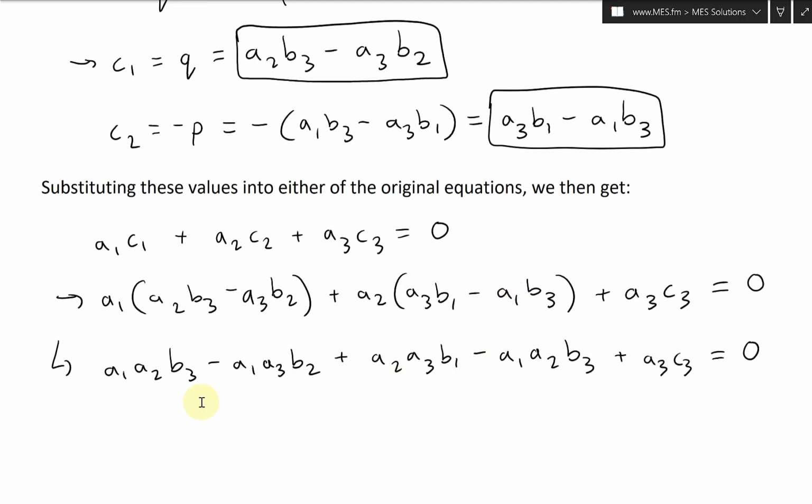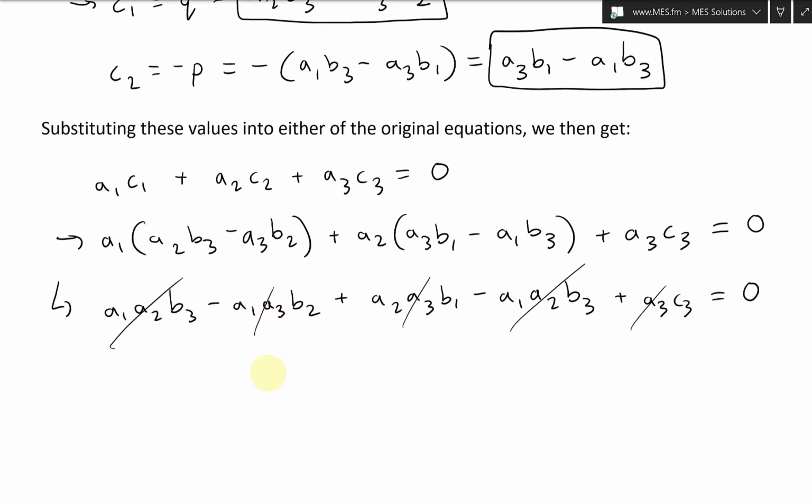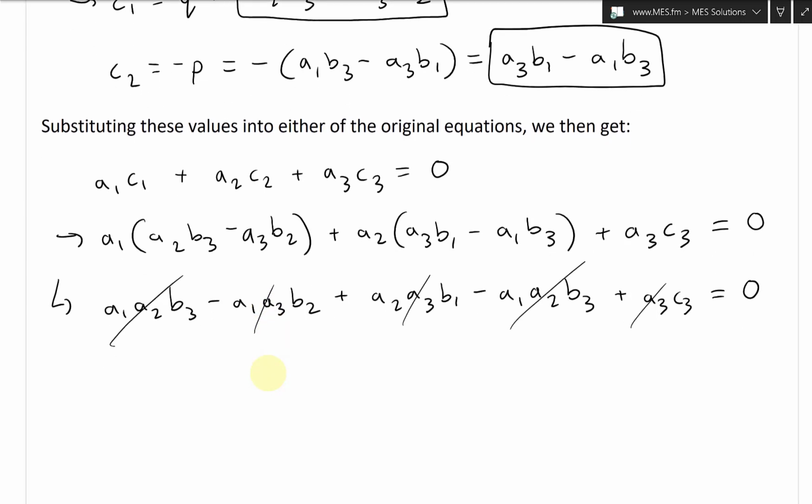So let's see if we could cancel some stuff out. Well, we have A1, A2, B3 and A1, A2, B3. This cancels. And now we can see every single remaining term has an A3, so we can divide the whole thing out by A3.